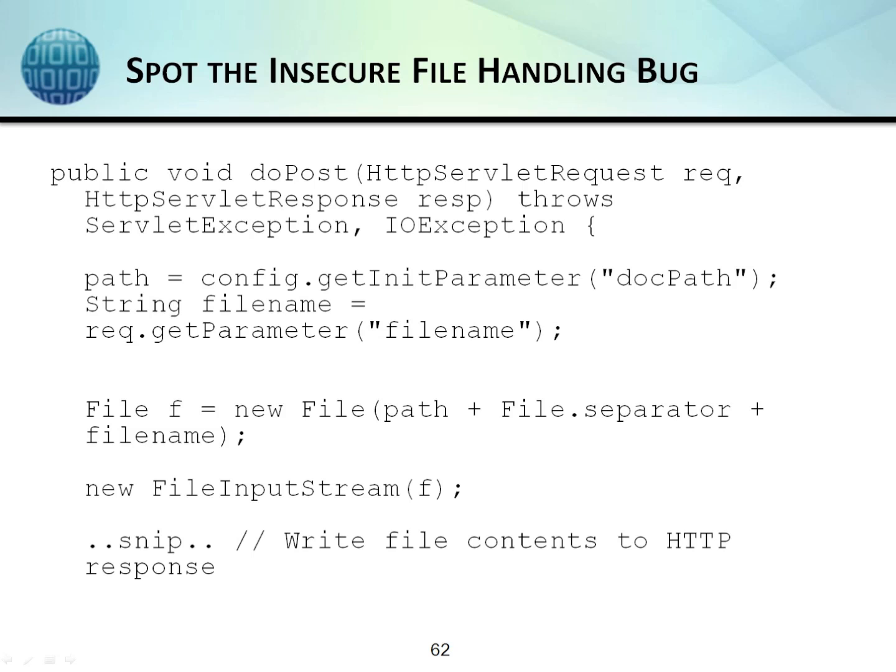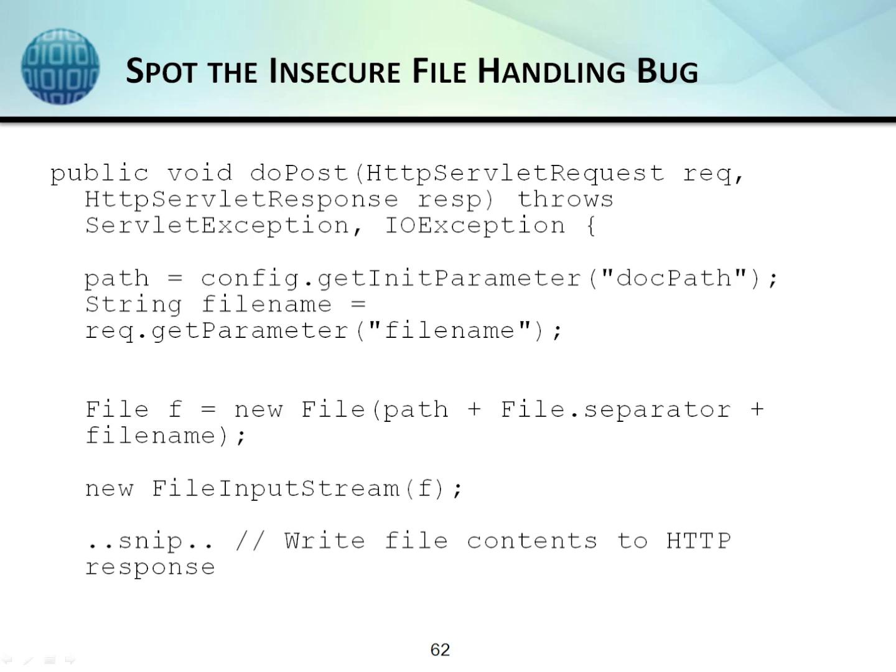Okay, does anyone see another kind of insecure file handling bug within this code? Yeah, so essentially the code is reading a file off the file system and returning the contents back to the browser.